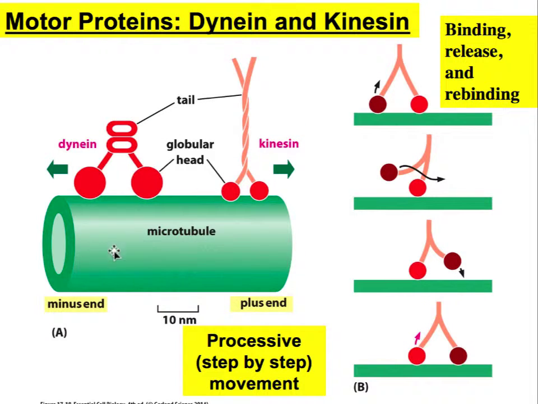Due to the polarity of the microtubules, their plus end and their minus ends, evolution has evolved a number of proteins which have the ability to travel along microtubules if they are properly configured. So one of those proteins is called dynein, and this protein is a globular protein with a long tail.